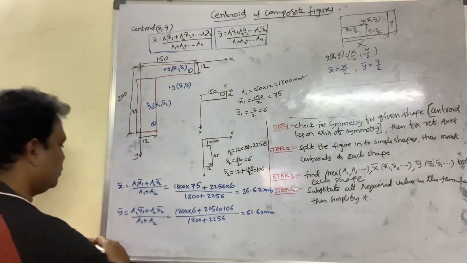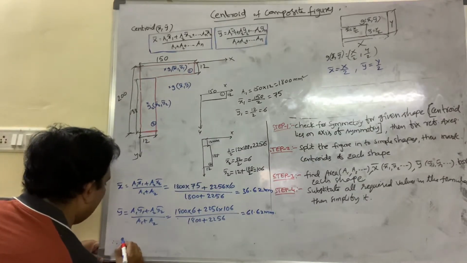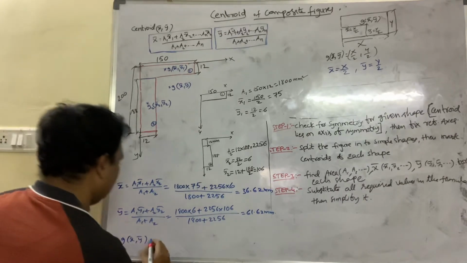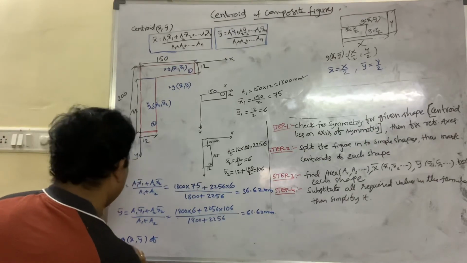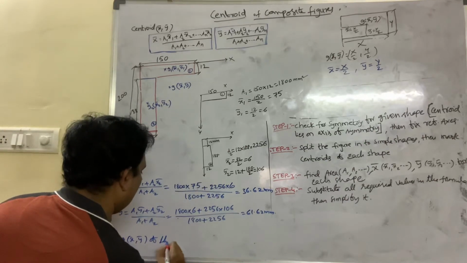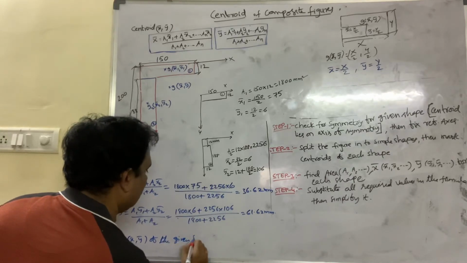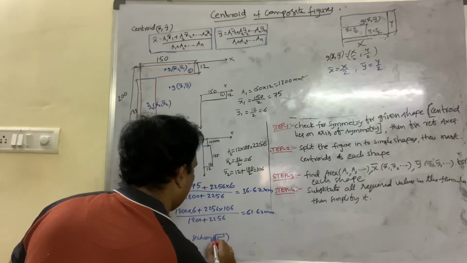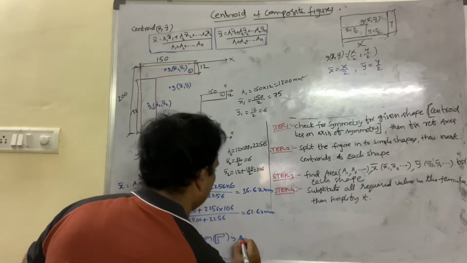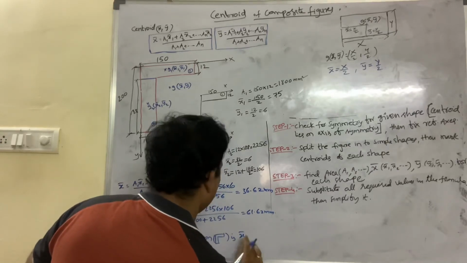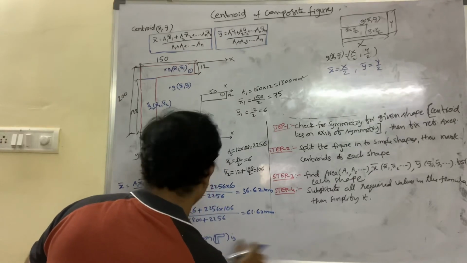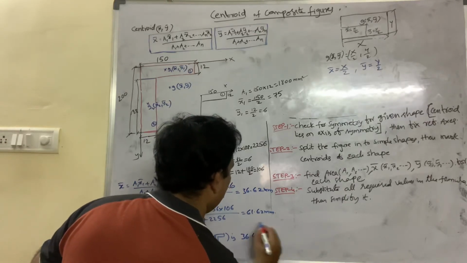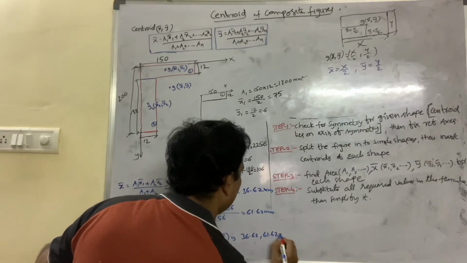And finally our conclusion is that the centroid for the whole composite figure, x bar comma y bar, is 36.62 comma 61.62.